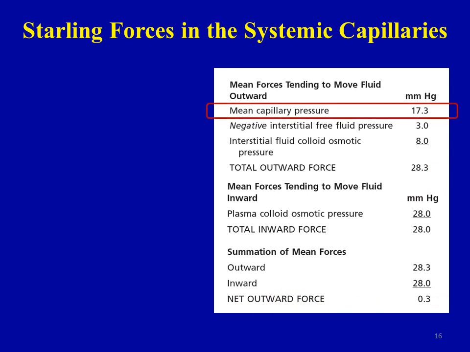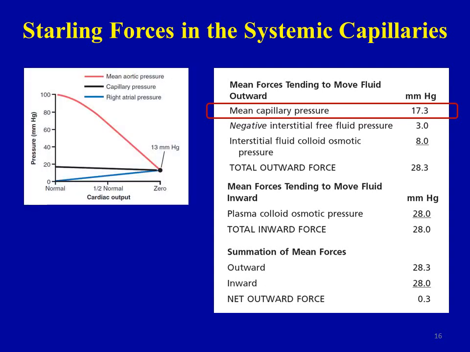So you can see here that the mean capillary pressure, as I said, is 17.3 millimeter mercury. Now if we have a patient with heart failure, and the cardiac output drops dramatically, what will happen to the pressures in the circulation? The mean aortic pressure will decrease to 13.